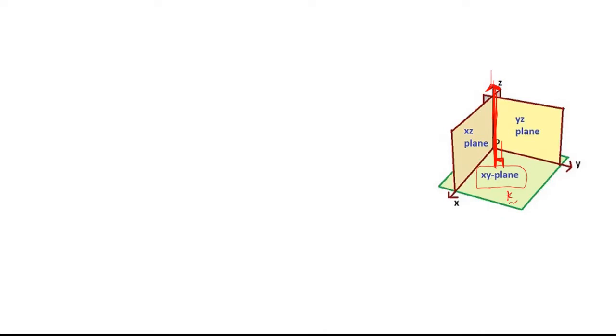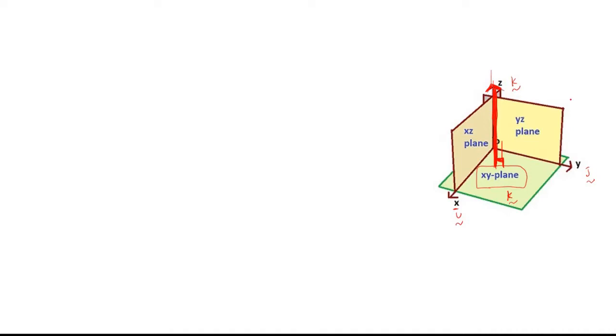Saya letaklah K kat situ. Sebab untuk i, untuk j, dan untuk k, untuk Z is K. Okay, dekat sini, yang parallel dengan dia adalah sepanjang-panjang Z axis ni.